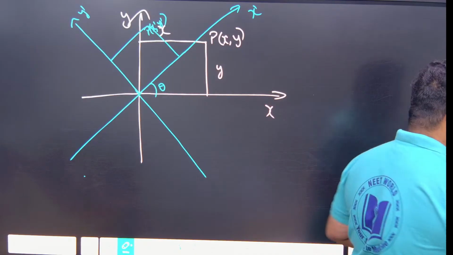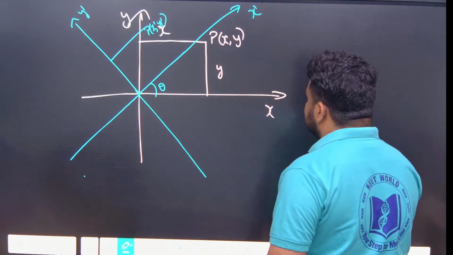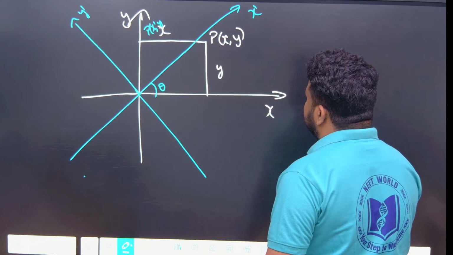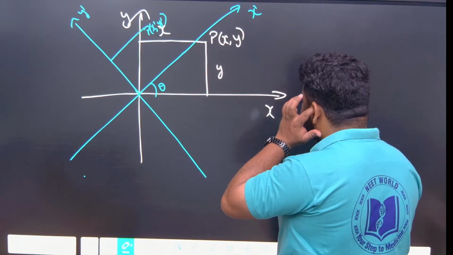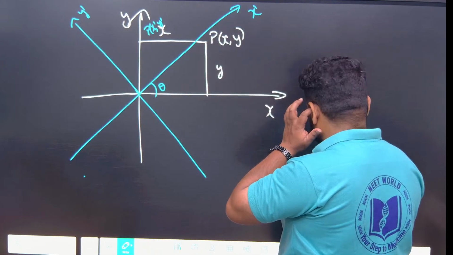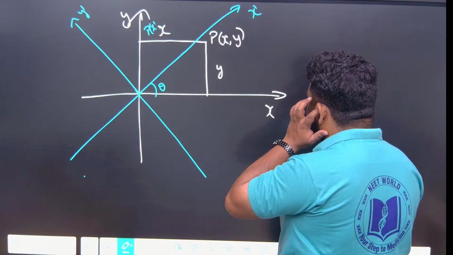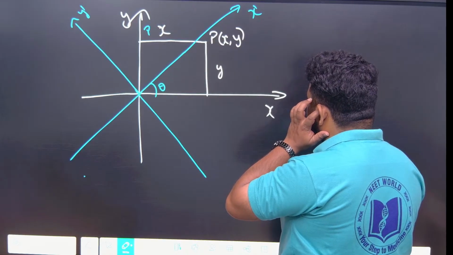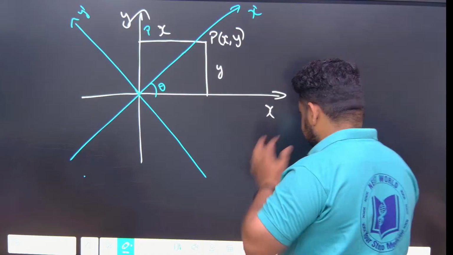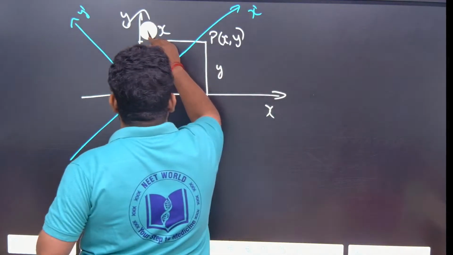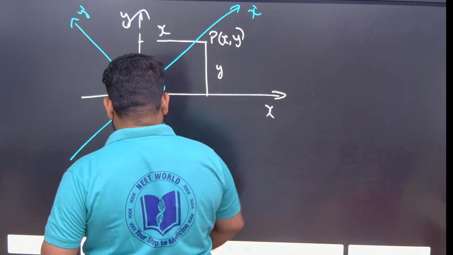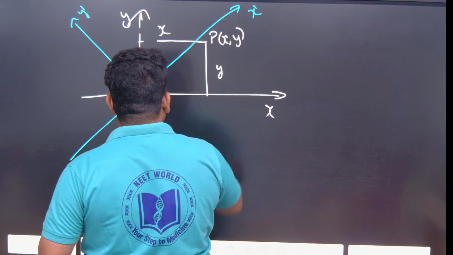Or if you want to take it like this, or instead of that, what you do? Let us make sure that the coordinate axis moves like this.